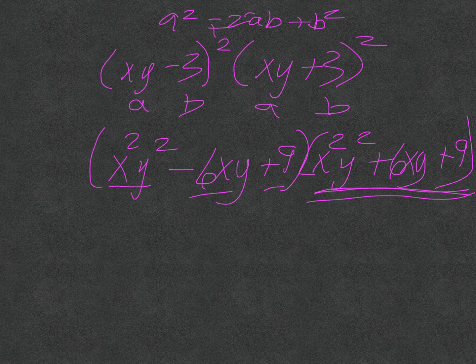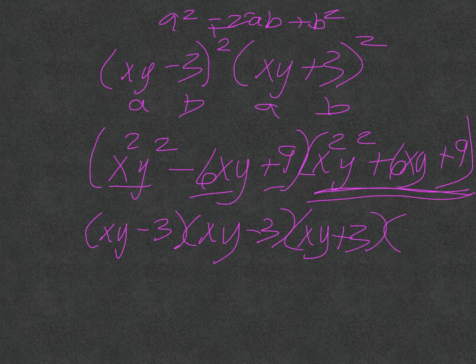And that's okay. But the way they want you to look at this is how can you make it simpler? And so what you can notice is you could say, oh, this is xy minus 3 times xy minus 3 times xy plus 3 times xy plus 3, which is really 2 sets of difference of squares.